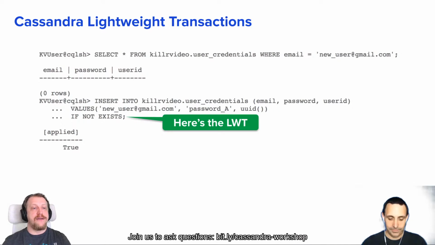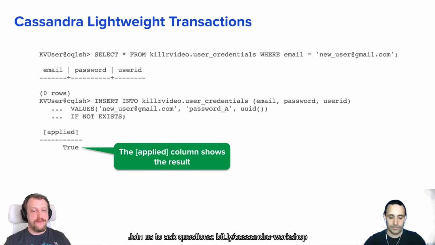So we are running a query: insert into killer_video user credentials, email, password, user ID, values, and so on, adding lightweight transaction IF NOT EXISTS. And this insert will be executed. And in the metadata of the response, it will have property applied equals true because this insert has been successfully applied.